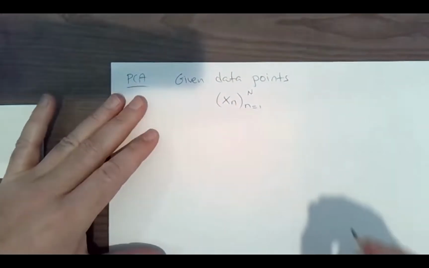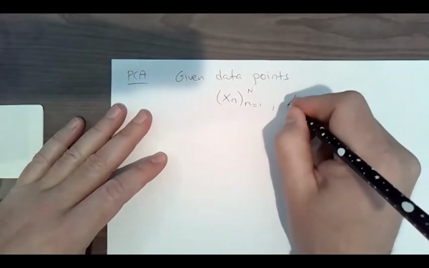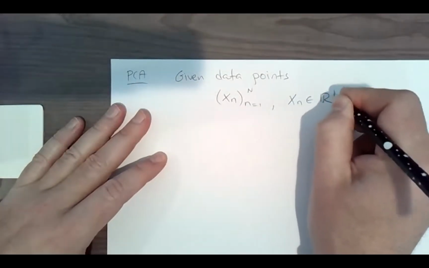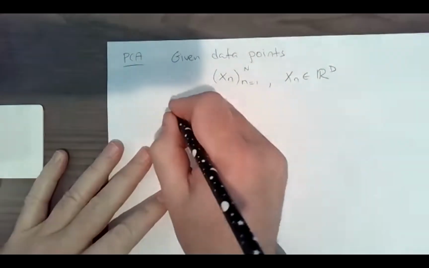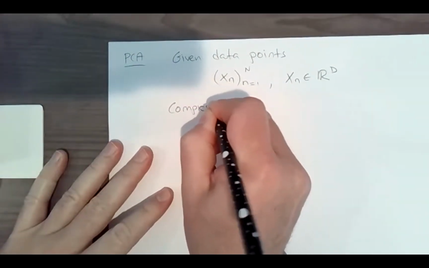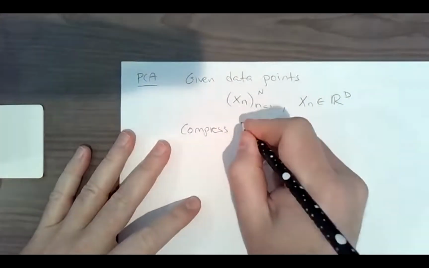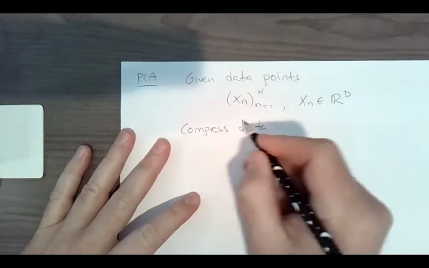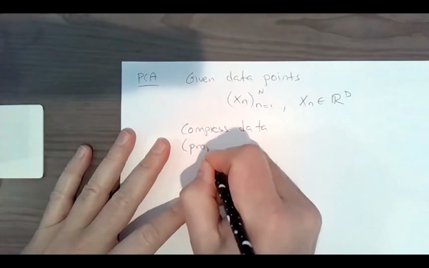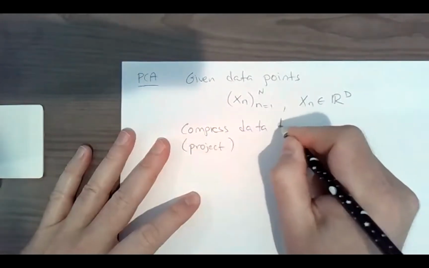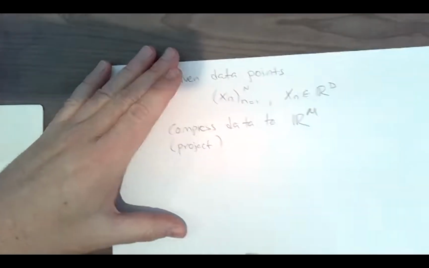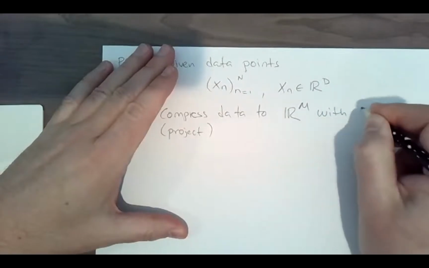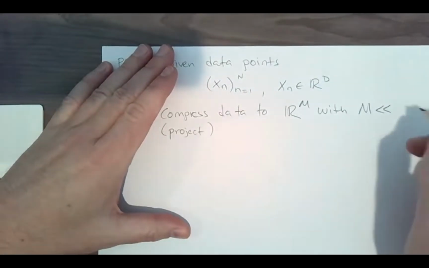Each x_n is a vector in R^D. The idea would be to compress the data, which is the same thing as projecting the data to R^M, where M is much smaller than D.